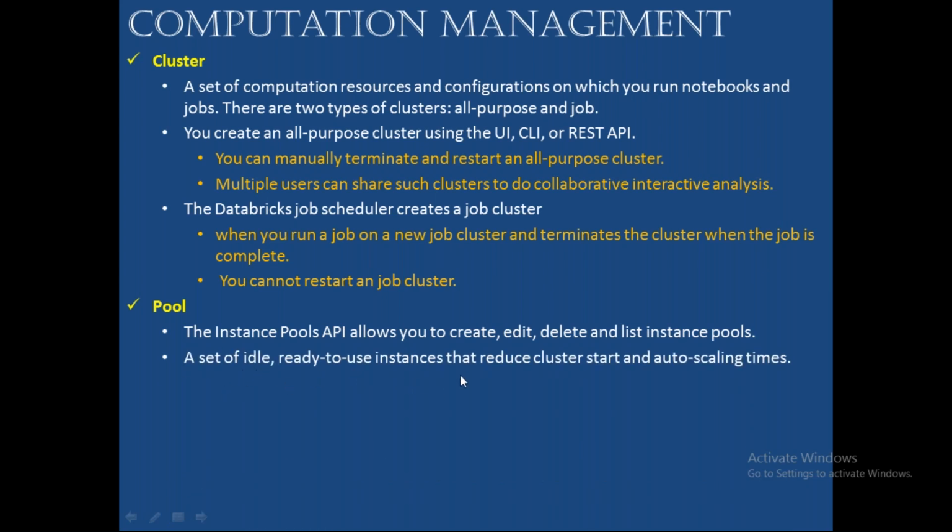Next, a set of idle, ready-to-use instances. Whatever compute you have in the pool is ready to use. It is already running, so you can take it for your use immediately, and that reduces cluster start time. It allows you to start your cluster immediately, instead of getting the compute from the cloud providers and then starting it, so you can execute your job immediately.